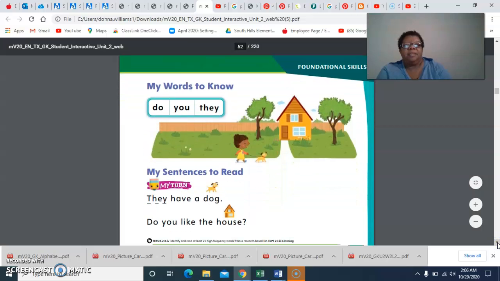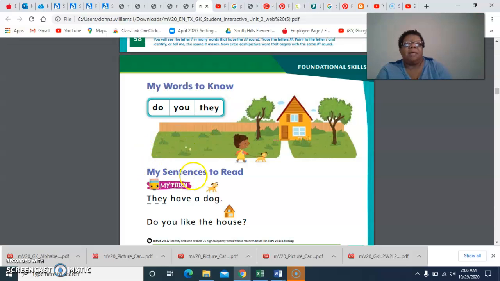The next page is our sight words, and we have 2 sentences. And it says, my words to know. Do, you, they. And those are our sight words this week. It says, my sentences to read. And it says, they have a dog. So there's one of our sight words, they. Do you like the house?